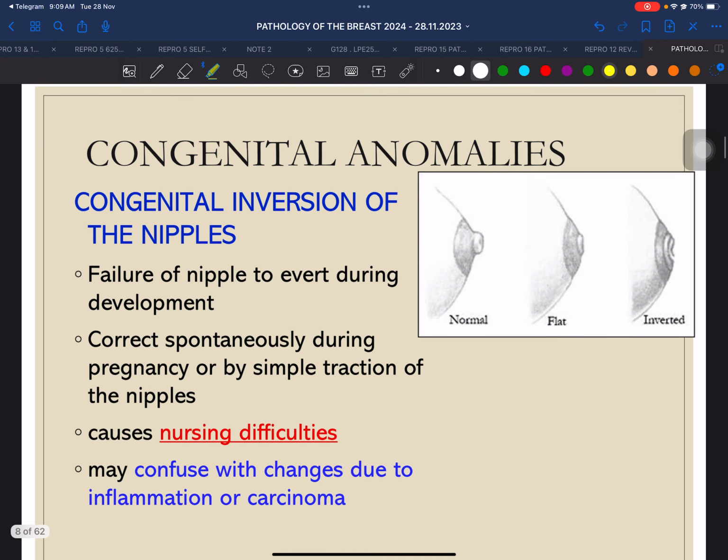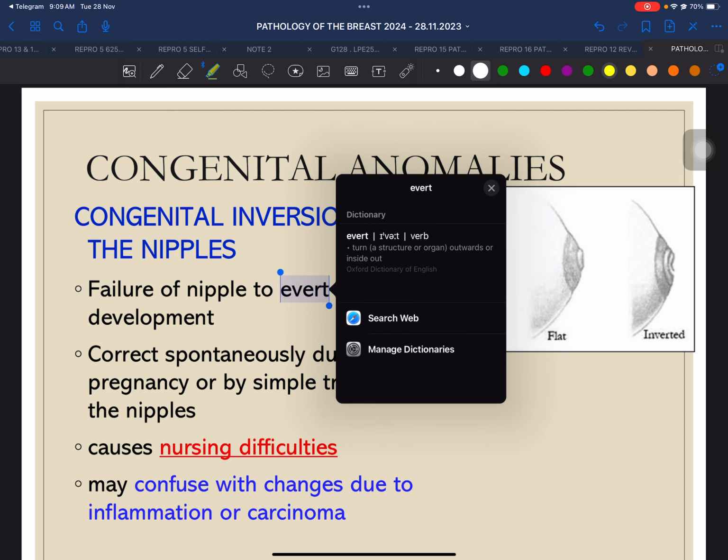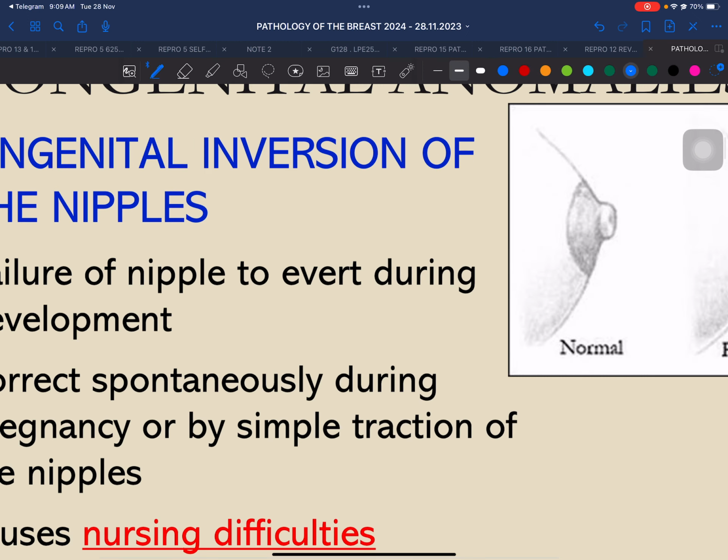Then there is congenital inversion of the nipples, due to failure of the nipple to evert during development. It may correct spontaneously during pregnancy or by simple traction of the nipples. It may cause nursing difficulties, and may be confused with changes due to inflammation or malignancy.